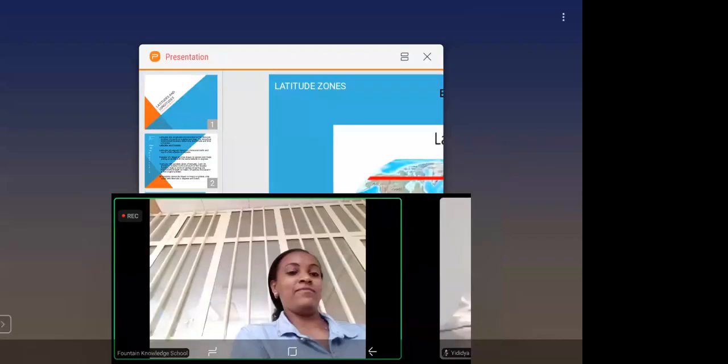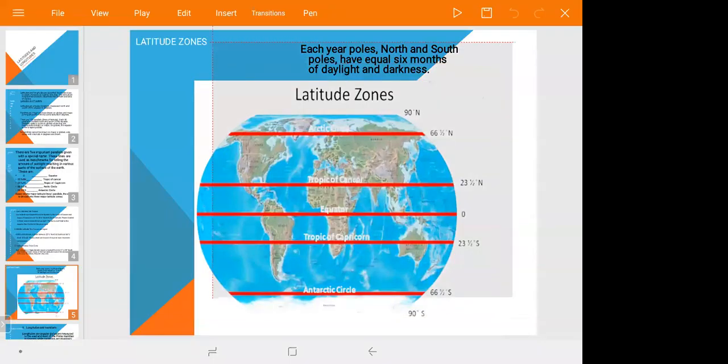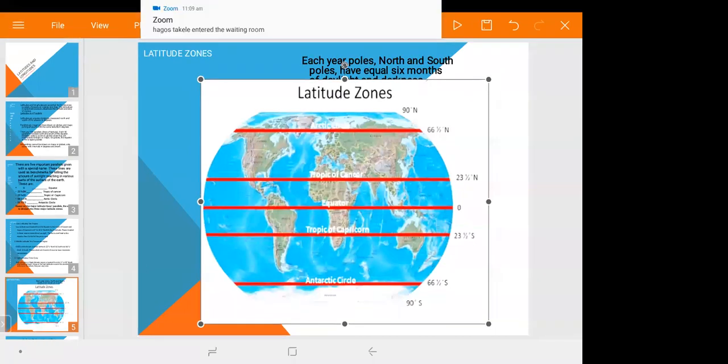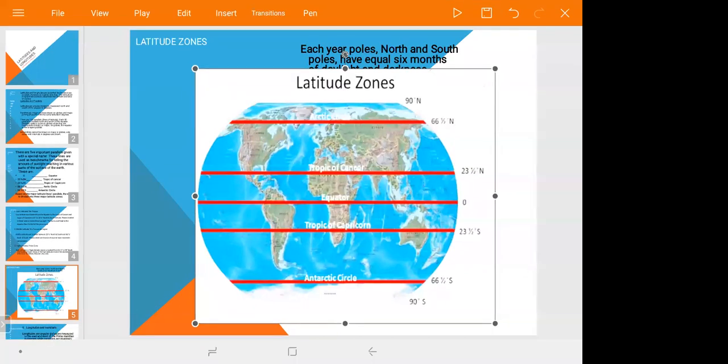Okay, look here. You have this world map. Can you see the bold lines, the bold ones? The bold ones are major latitude lines, yes? So here you have the equator, and from the equator to 23.5 degree north and 23.5 south, this is what zone?